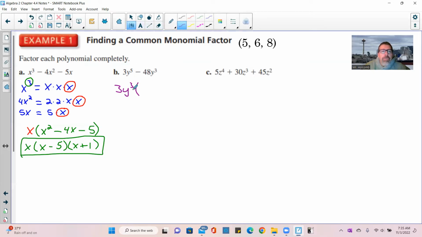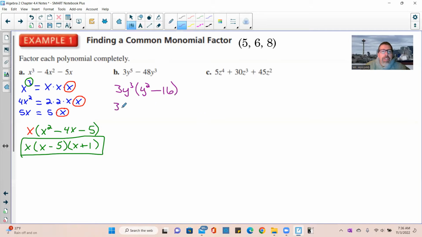And then that will leave me y to the third. Well, how do I get to y to the fifth? I need 2 more y's, y squared. So 3y cubed times y squared is 3y to the fifth minus, and that was 16 to get me 48, and y cubed times 1 is y cubed, so it's just this.